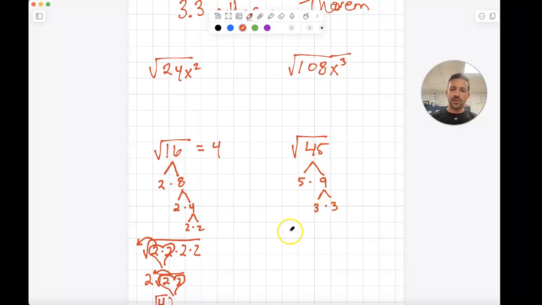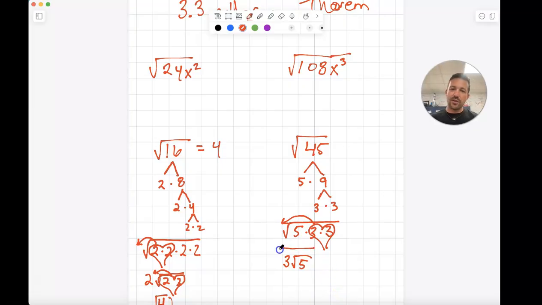So the square root of 5 times 3 times 3 is 45. Notice I just rewrote 45 as 5 times 3 times 3. Then you look in there and ask, are there any couples that I want to take out? There's 2 3's. I'm going to take those out, and they come outside as 3. And then this 5 has to stay his lonely self inside of the house.